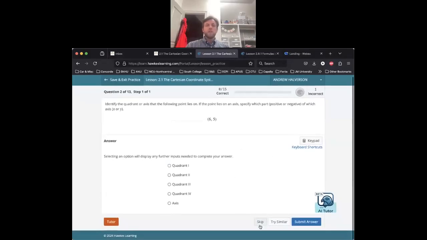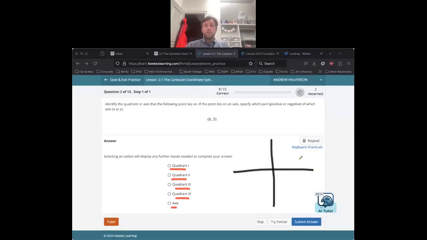Let me go back to the notion of quadrant 1, quadrant 2, quadrant 3, or 4, or the axis. If you notice, the grid makes what we call 4 quadrants, and we label them. Quadrant 1 starts in the top right, and you go counterclockwise.